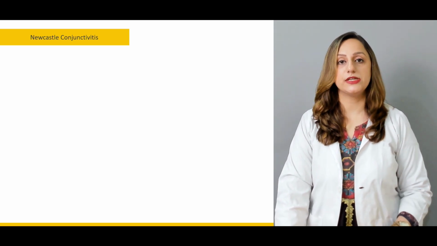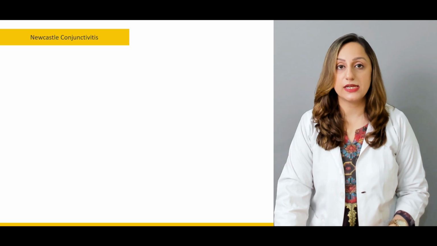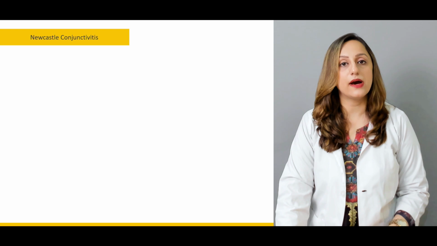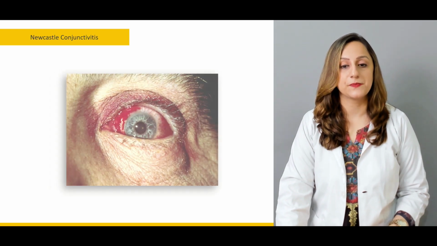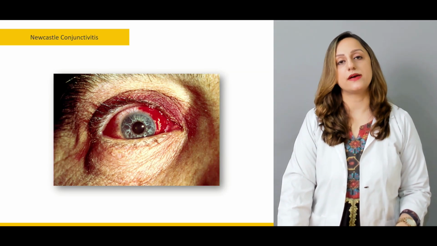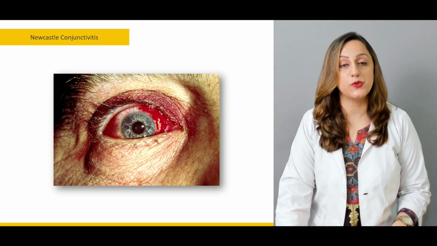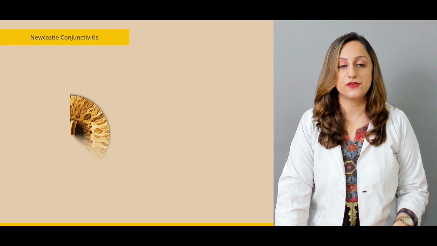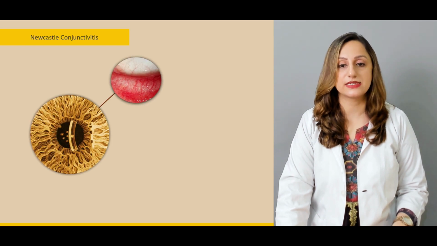Another variant of conjunctivitis, which has to be differentiated from epidemic keratoconjunctivitis, is Newcastle conjunctivitis. The spread of this Newcastle conjunctivitis is associated with diseased owls. So this is an interesting feature of Newcastle conjunctivitis.